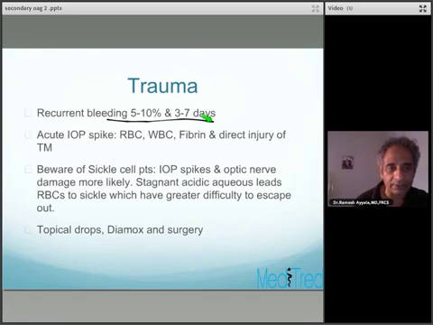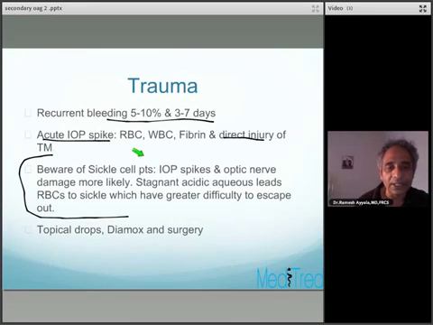The acute intraocular pressure spike is the result of RBCs, WBCs, and fibrin getting deposited in the trabecular meshwork and/or direct injury to the trabecular meshwork itself. Now, the patients that you need to be really careful about following trauma are those with sickle cell disease.